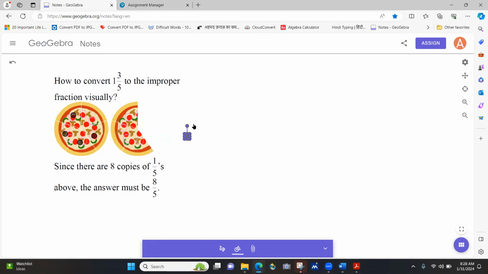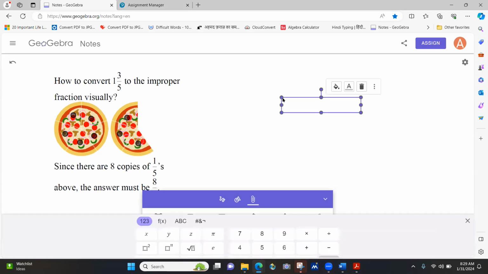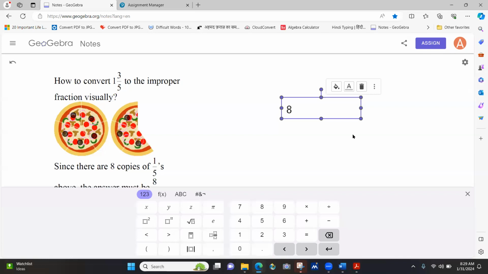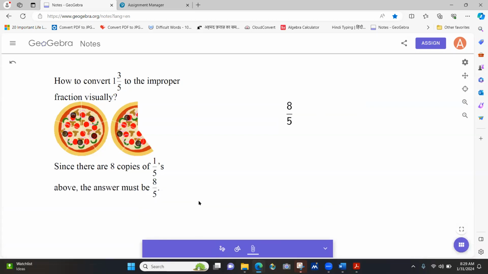Now this is a no-brainer, right? 5/5 make a whole, and then I have more. 6/5, 7/5, and finally 8/5. 1 3/5 is equivalent to 8/5. So my answer is 8/5, and I have a nice visual representation on the left.